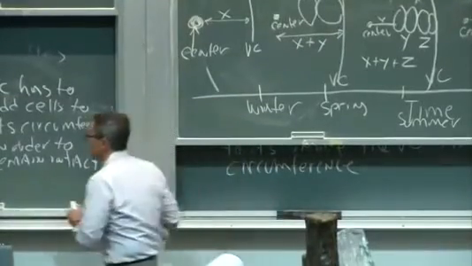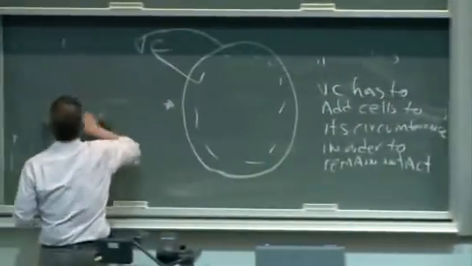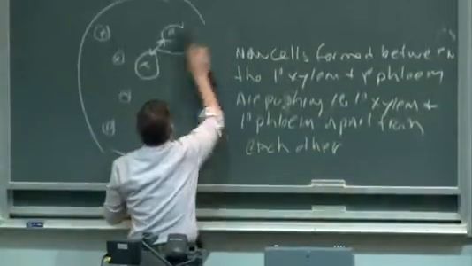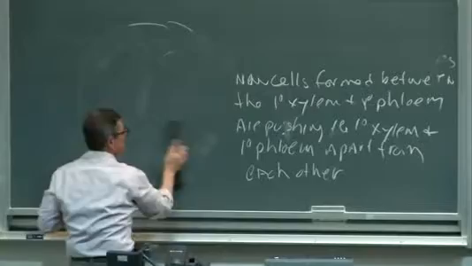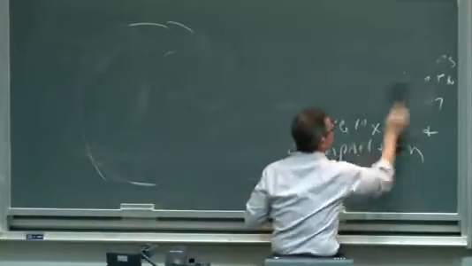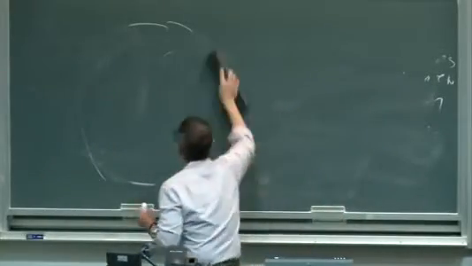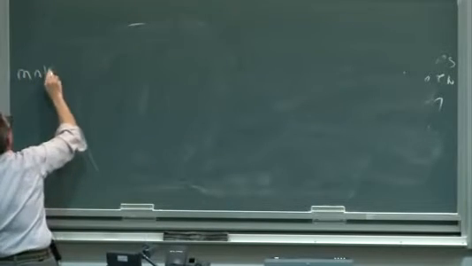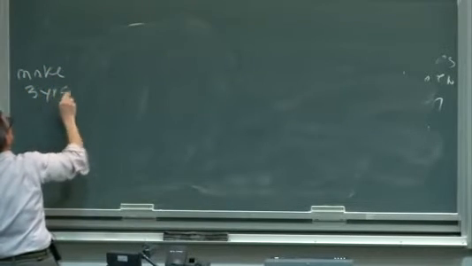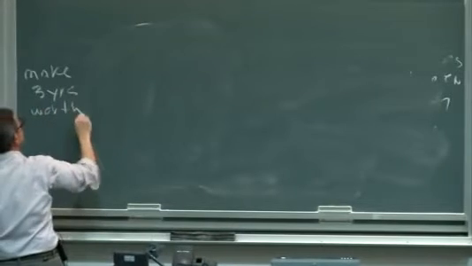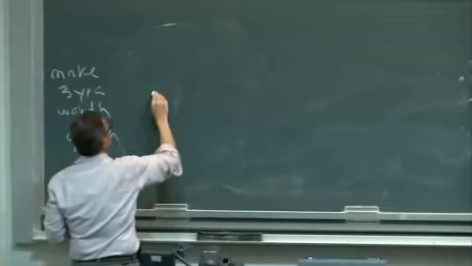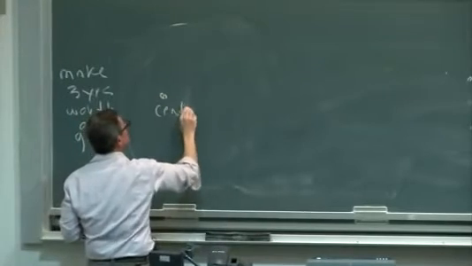Now, if we look carefully at a tree which has made several years' worth of growth, what we would find is the following. So what I'm going to do is make 3 years' worth of growth. Here is the center of the stem again.